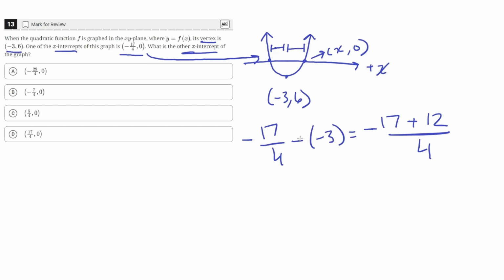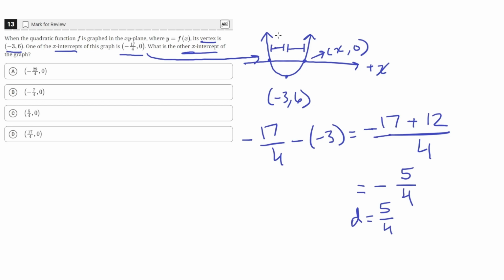These two negative signs just became a plus sign, and I just changed the 3 over 1 to 12 over 4, which is equivalent to 3, but now they have the same denominator, so we can add them together. So negative 17 plus 12 is equal to negative 5 over 4. And that's the negative distance, so the real distance is just 5 over 4, since distance can't be a negative value.